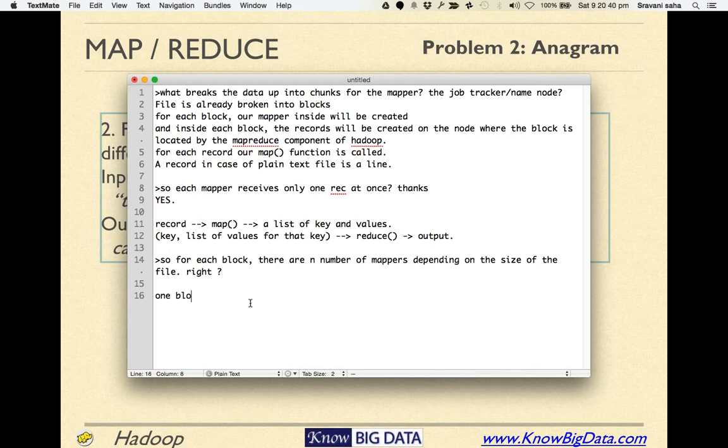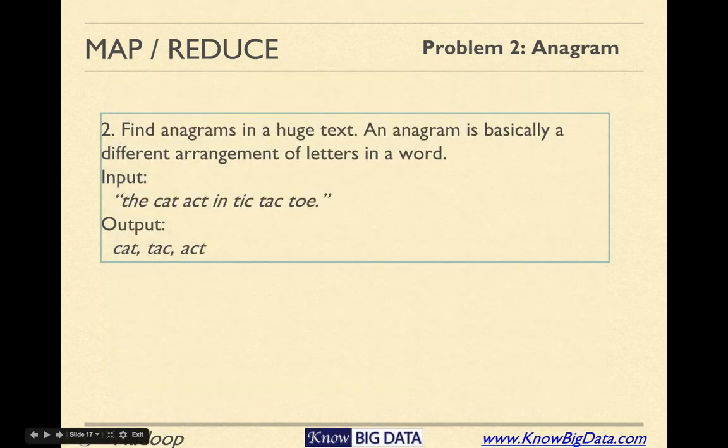One block, one mapper instance, and it might have m number of records. That means we will be calling the map function m times. Each mapper has a map function, and that map function gets called many times, but the instance of the mapper is created only once.